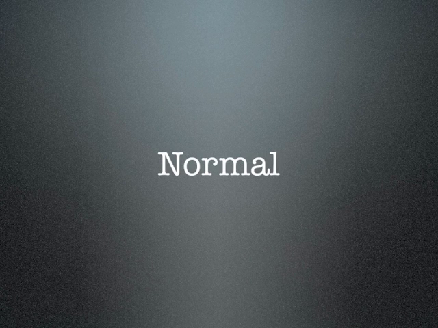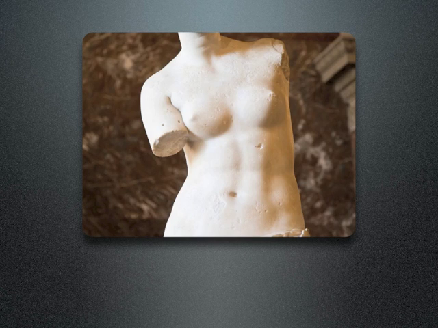So we're going to just discuss normal breast positioning, and we're using the Venus de Milo as an example of it. If you look, the nipples are the key and also the fold under the breast.